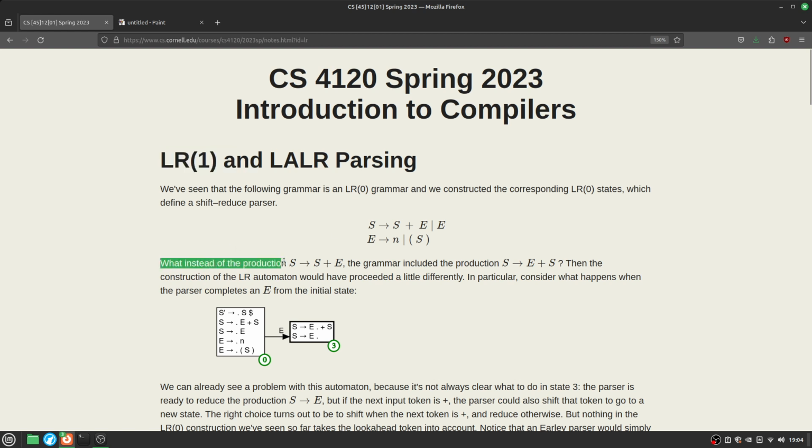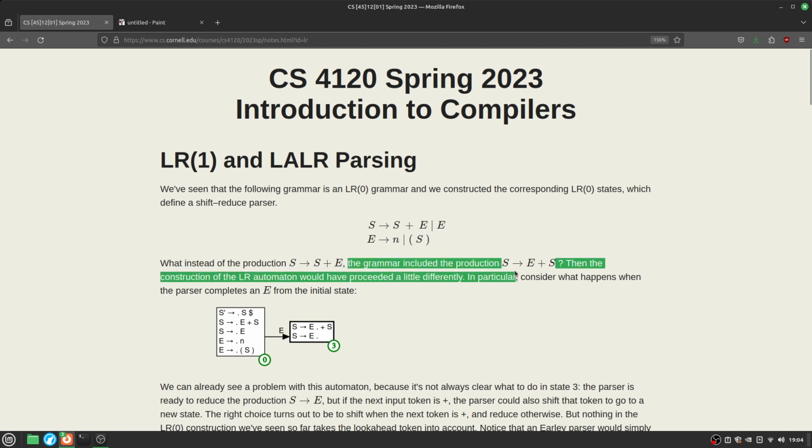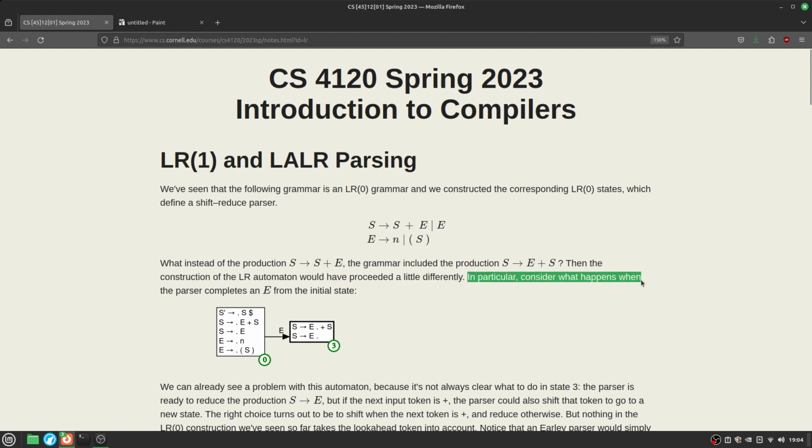What if instead of the production S tends to S plus E, the grammar included the production S tends to E plus S? Then the construction of the LR automaton would have proceeded a little differently. In particular, consider what happens when the parser completes an E from the initial state.